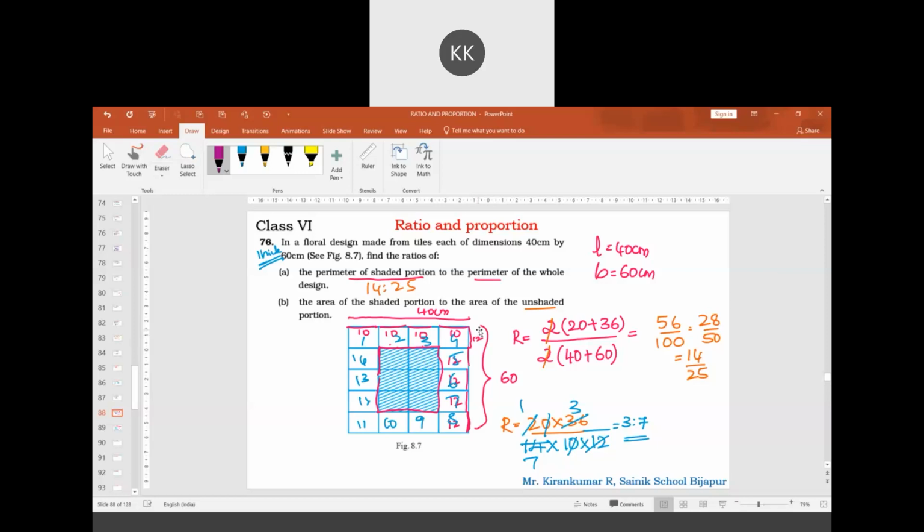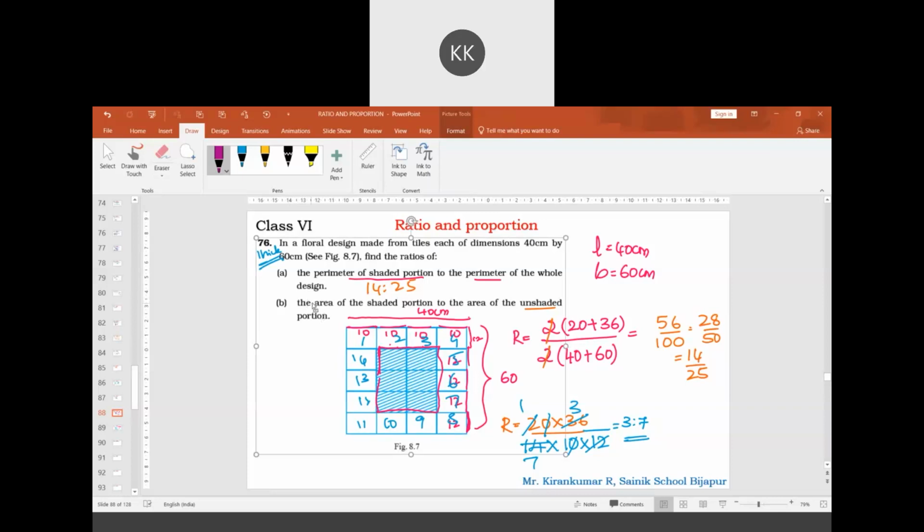But they asked made from tiles, each of dimension 40 centimeter by 60 centimeter. So let us consider each of these smaller ones as 40 by 60. Okay, let us resolve this by considering the inside one as the floral diagram.